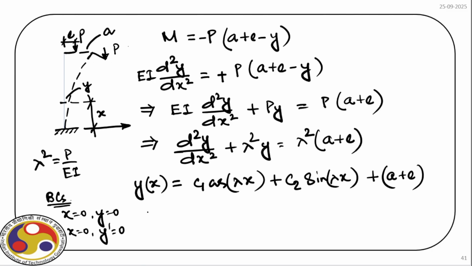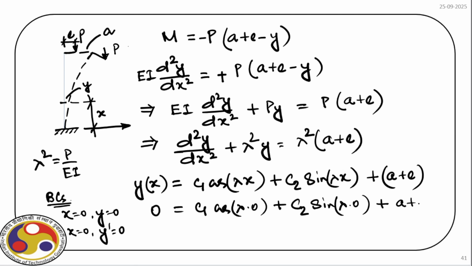So if we apply the first boundary condition, we have 0 is equal to C1 cos of lambda times 0 plus C2 sine of lambda times 0 plus A plus E. So effectively we have C1 is equal to minus (A plus E).